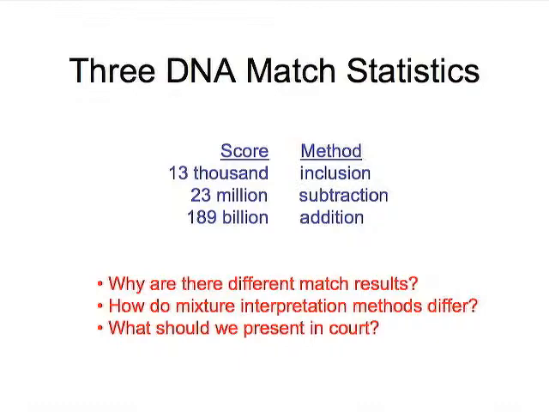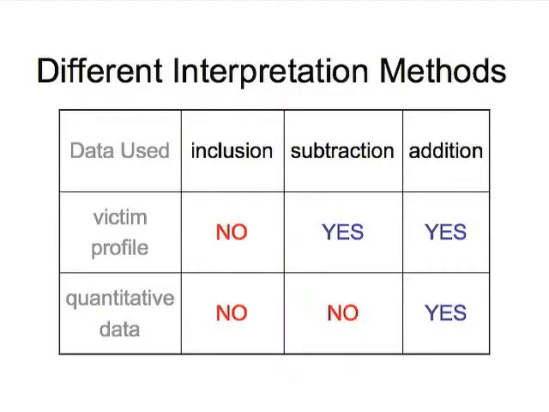So what I'll endeavor to explain in the next 10 minutes is why do we have different match statistics? How do the different mixture interpretation methods differ? And for those who are interested, what would you say in court so as to not confuse people? This is how the methods differ. Of all the data, we can break it down into 2 categories. Are you using the victim genotype or not?